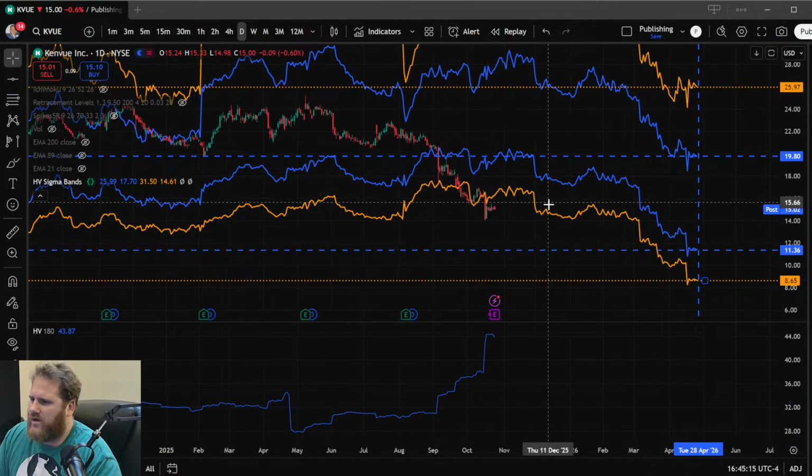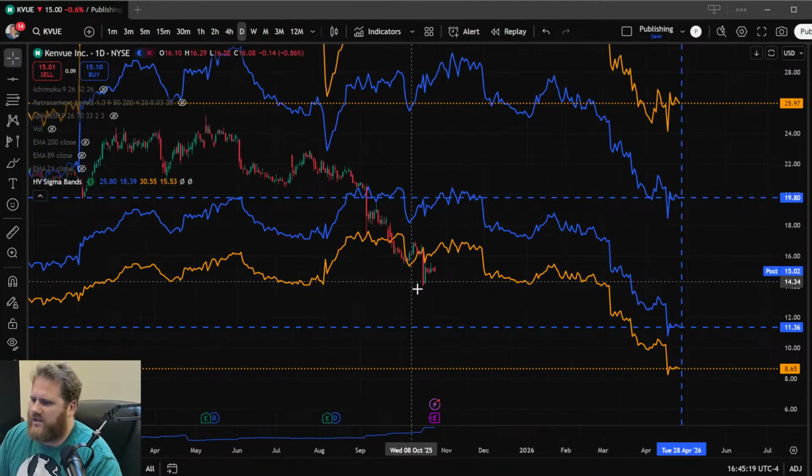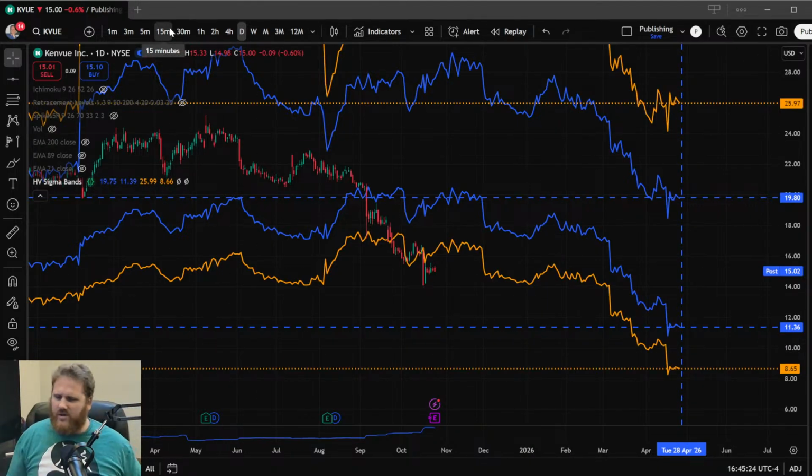So, all right, we're going to go with that and say that for the next 6 months, this thing with a 68% probability is going to go between 19.8 and 11.36.